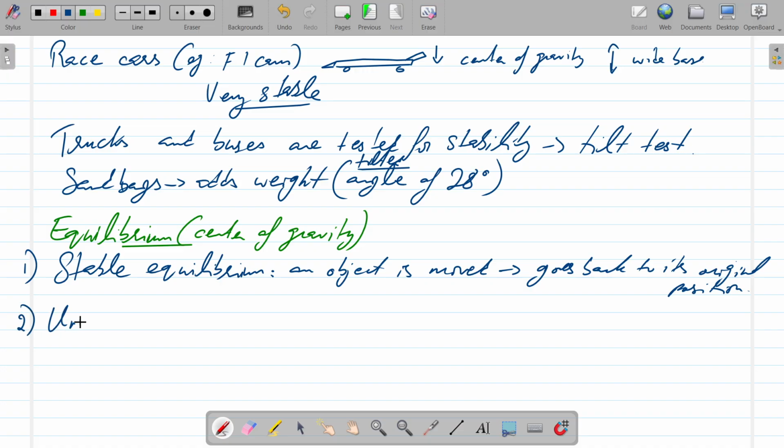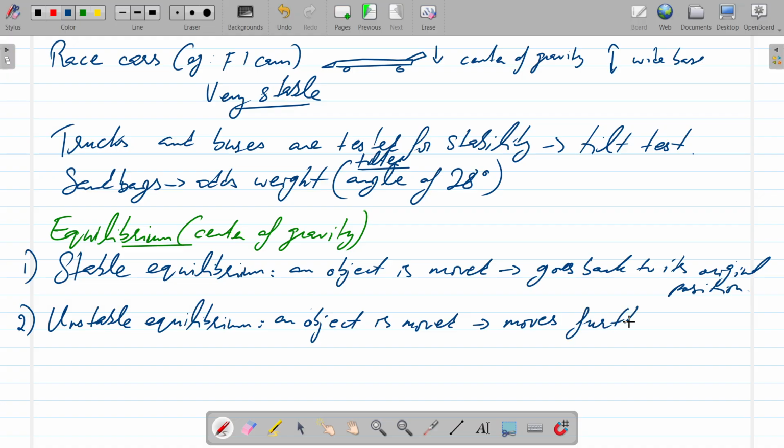Unstable equilibrium is when an object is moved and so it moves further. It doesn't go back, it moves further. It's unstable. And the third is neutral equilibrium.